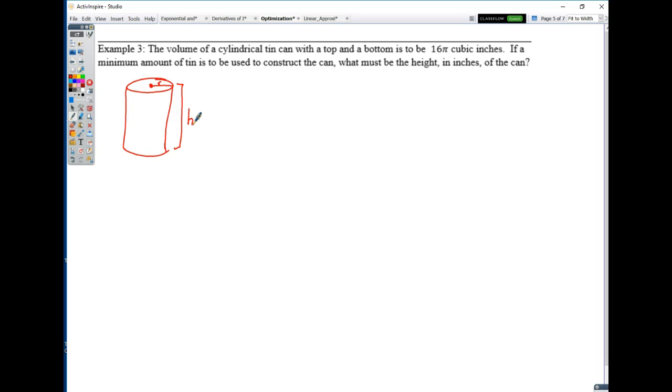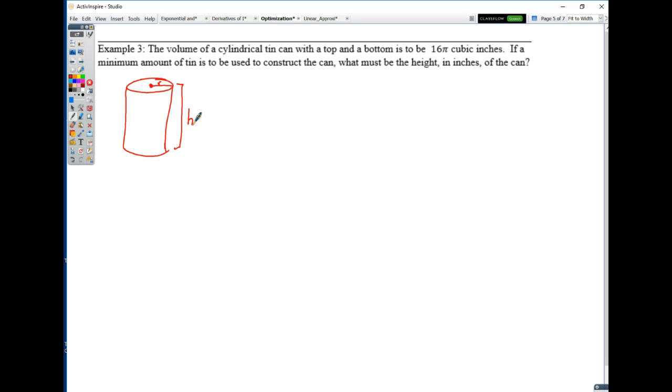I know that the volume of that cylindrical tin can with the top and the bottom has to be exactly 16 pi cubic inches. Why? Because that's what makes the question easy. If minimum amount of tin is to be used to construct the can, what must be the height in inches of the can?